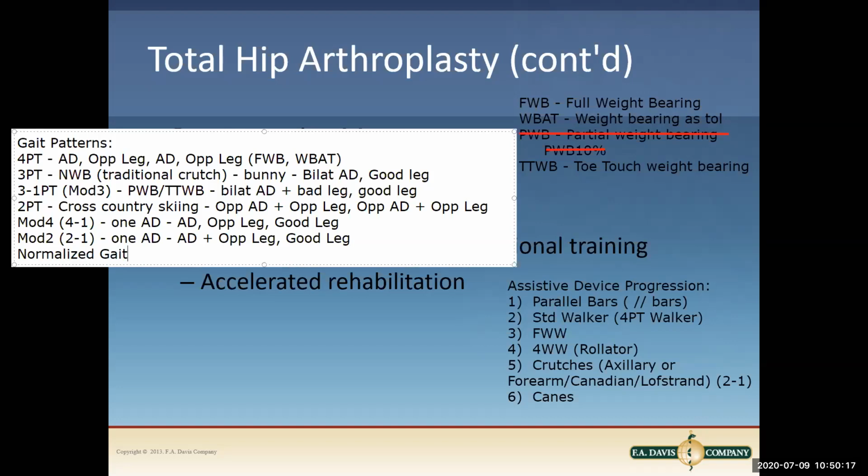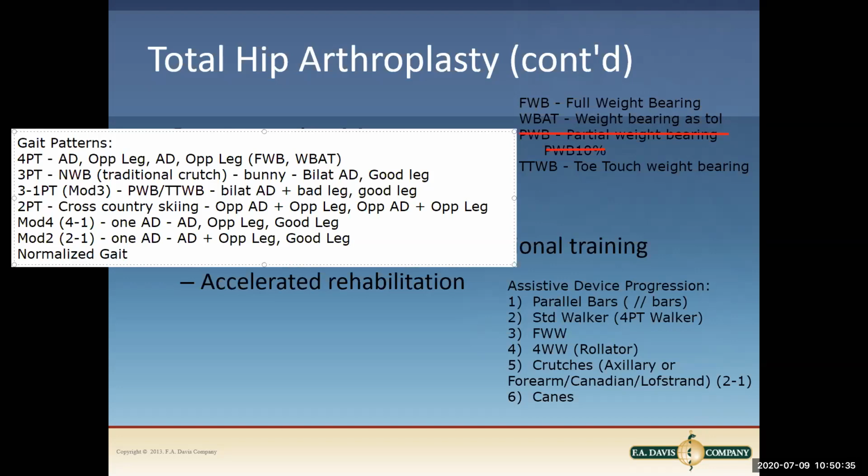Who is going to help determine what gait pattern to use for the patient? Who's the primary determinant of that? The PT, right? He's going to essentially decide.